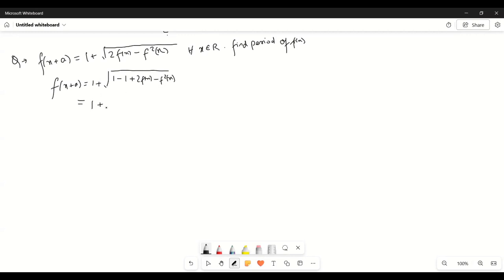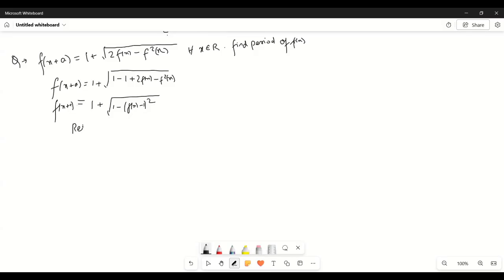So that this ends up becoming 1 plus root over of 1 minus of f of x minus 1 whole square. देखो ये ठीक है. So f of x plus a would be this.